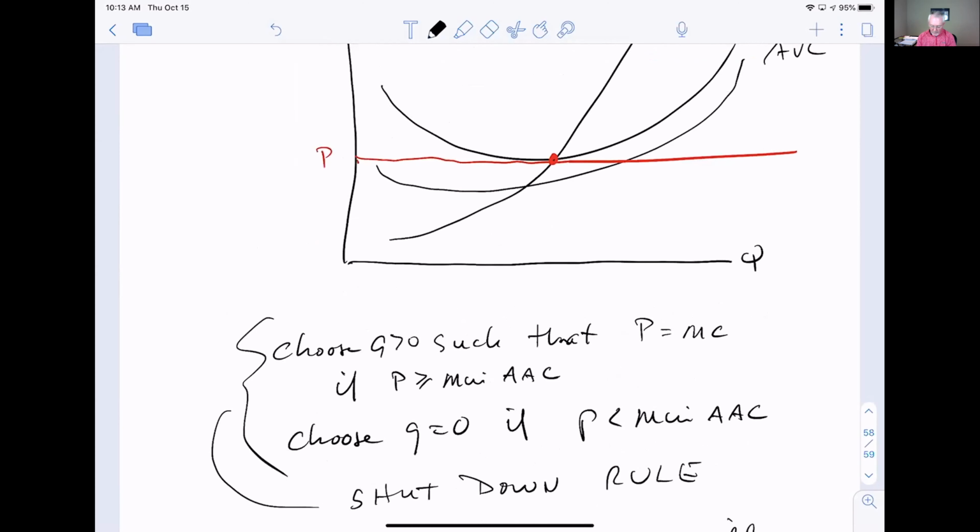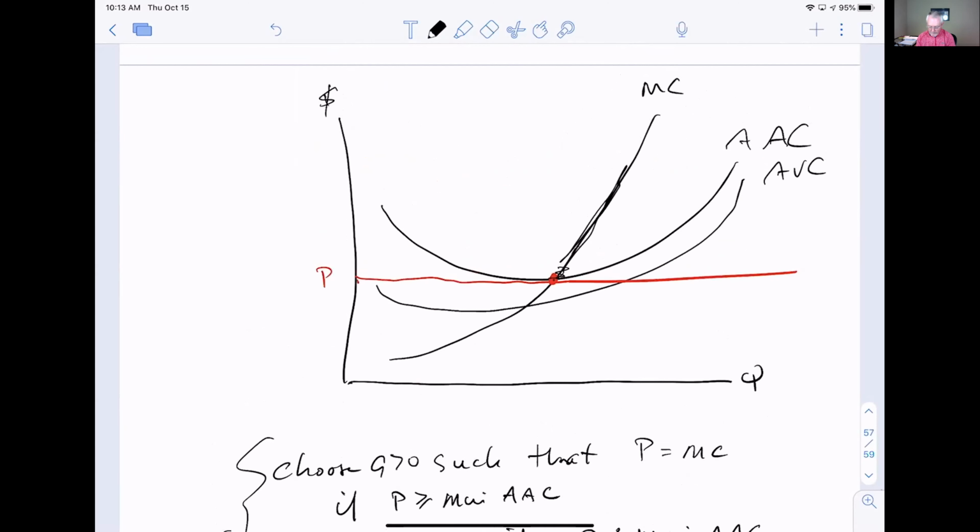So in essence, this becomes the firm's supply curve up there, okay? And if price then falls below that minimum average avoidable cost, the firm will choose Q equal to 0. So it has this discontinuous supply curve.